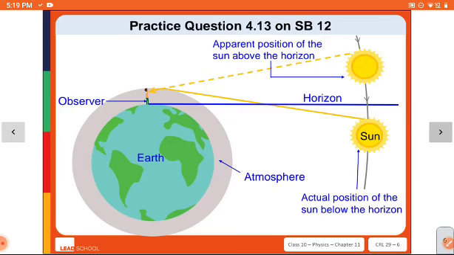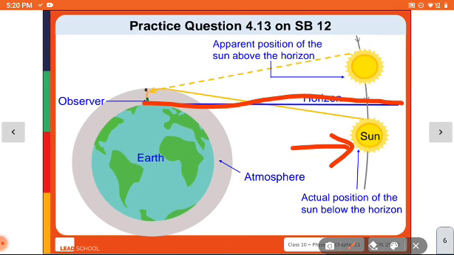Now the description of the labelled diagram for question 4.13. In this diagram, there is the earth with its horizon, and an observer on the earth. According to atmospheric refraction, the actual position of the sun is below the horizon.